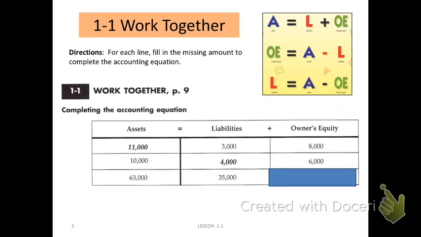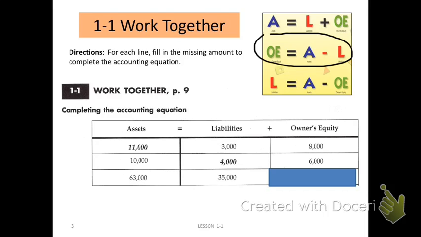Okay. And then in the third transaction, we have assets and liabilities, but now they left out the owner's equity, so we have to figure out what the owner's equity is. So again, looking at that little shortcut chart on the upper corner of your screen, since we're looking for owner's equity, this time we're going to use that middle shortcut. We're going to take our assets and subtract our liabilities to get that answer.